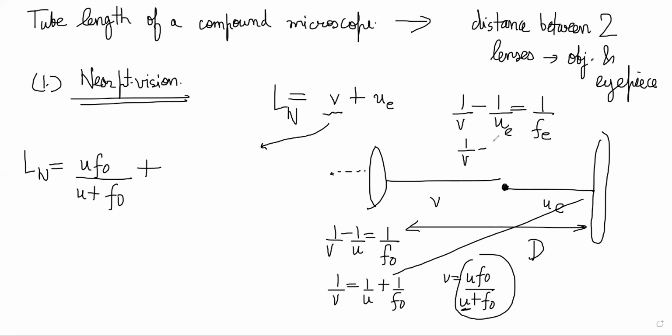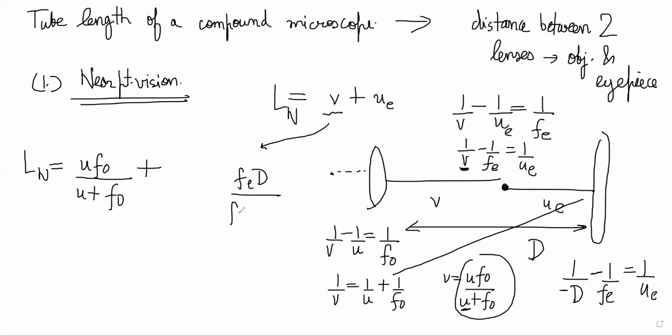So 1 by V minus 1 by FE is equal to 1 by UE. And V is actually minus D. So 1 by minus D minus 1 by FE is equal to 1 by UE. Minus can be taken out and it is FE D by FE plus D, negative. That should be your UE.